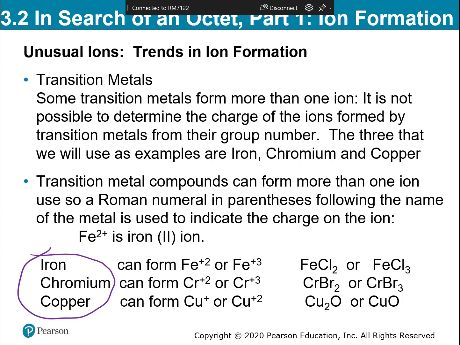So iron can either lose 2 electrons and become a +2, or it can lose 3 electrons and become a +3. Chromium's the same way. So remember, chromium's number 24, iron's 26, and then we go across, copper is number 29. Chromium can also lose either 2 electrons or 3 electrons. Copper can lose either 1 or 2. So those are the only 3.